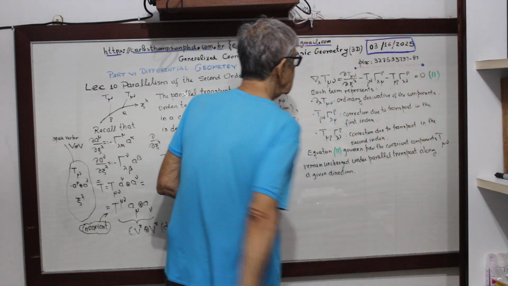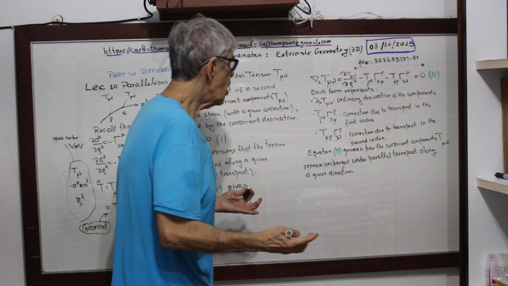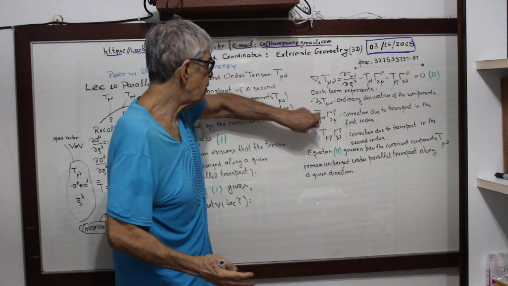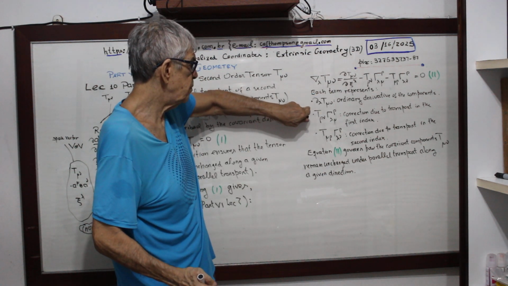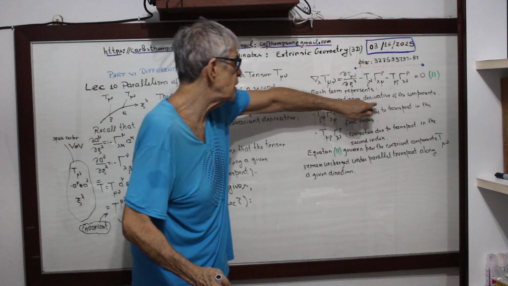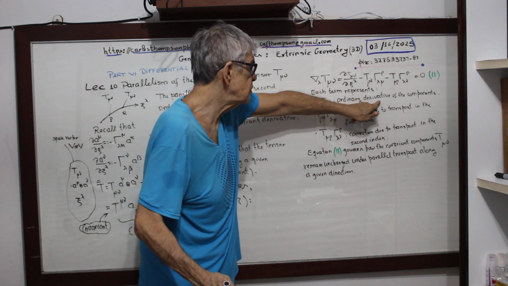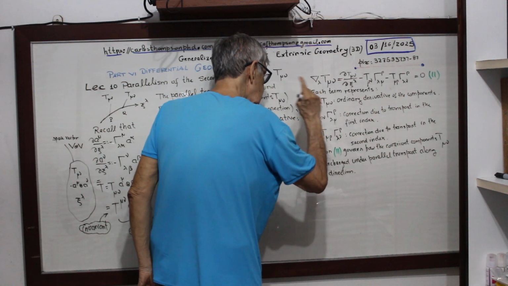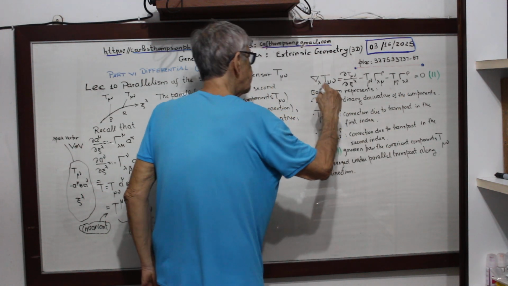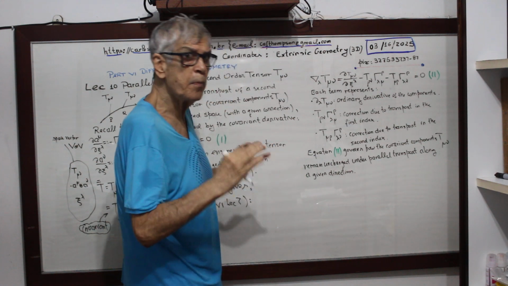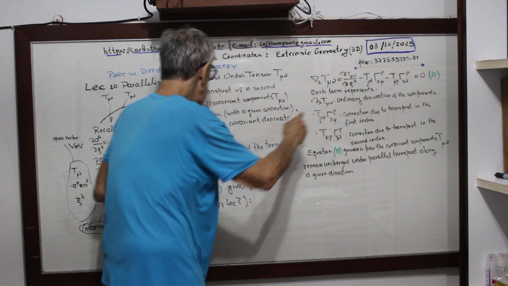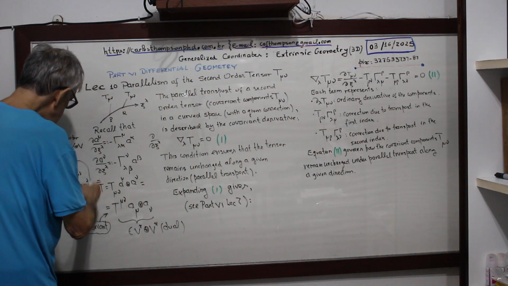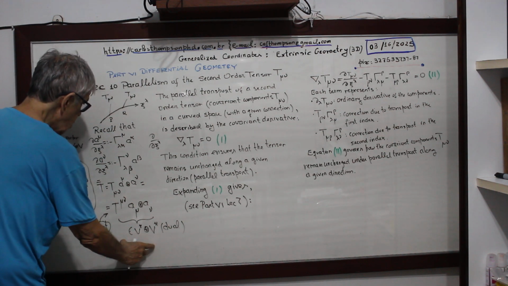I call relation 2. Now, each term represents this. This is the ordinary derivative of the components. Attention now, these are covariant components which belong to this vector space here, not dual.